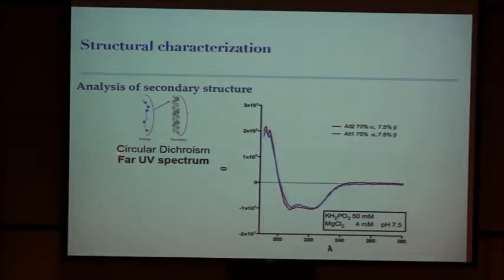For this, we used circular dichroism in the far UV spectrum, because in this spectrum you can look at the secondary structure, and then we compared it with the secondary structure of L1. In blue is L1 and in red is L2. And as you can see, it's the same. They have the same secondary structure.